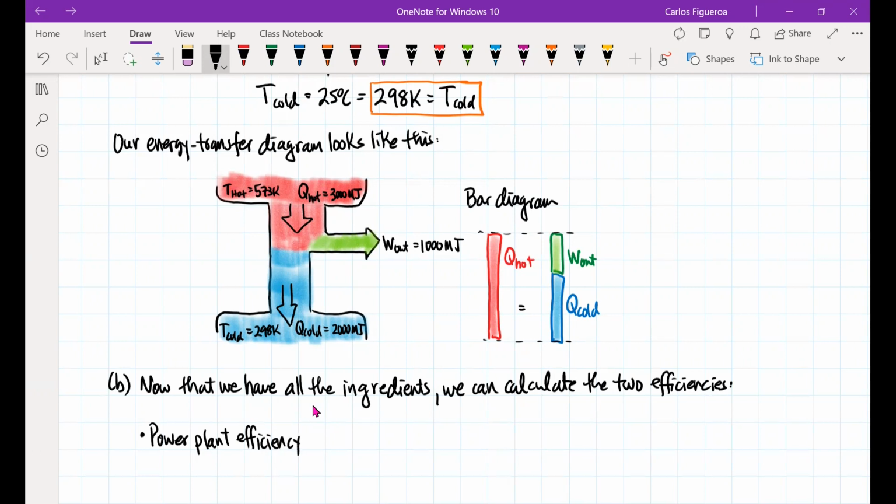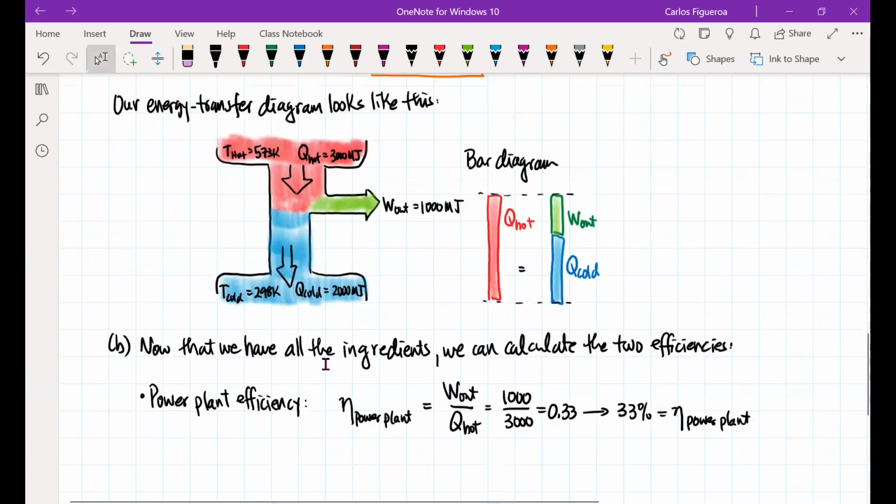And the power plant efficiency says that eta of the power plant is then going to equal the output work divided by Q hot, which will then be 1,000 divided by 3,000, which then gives us 0.33 or 33% efficiency for the power plant.